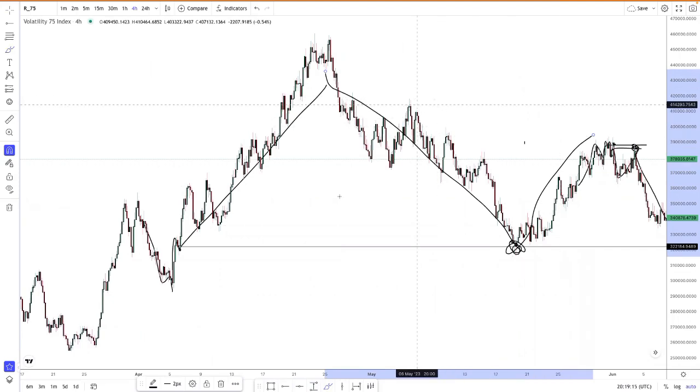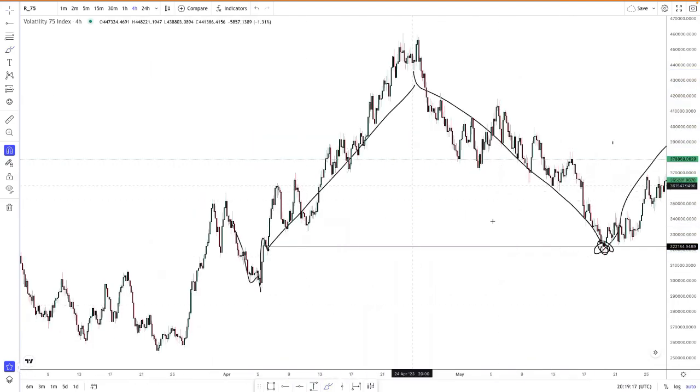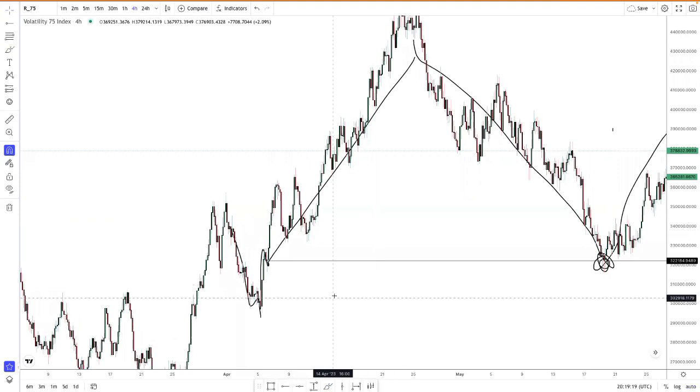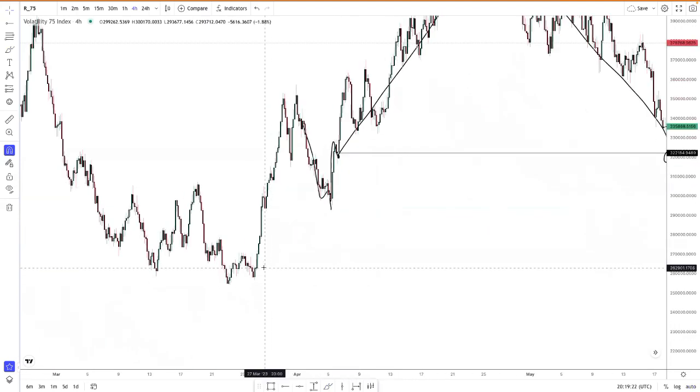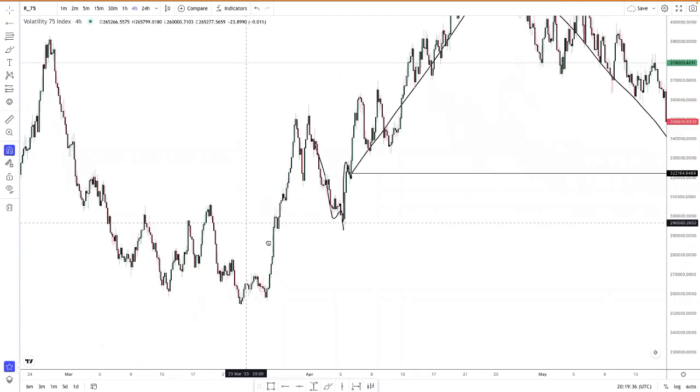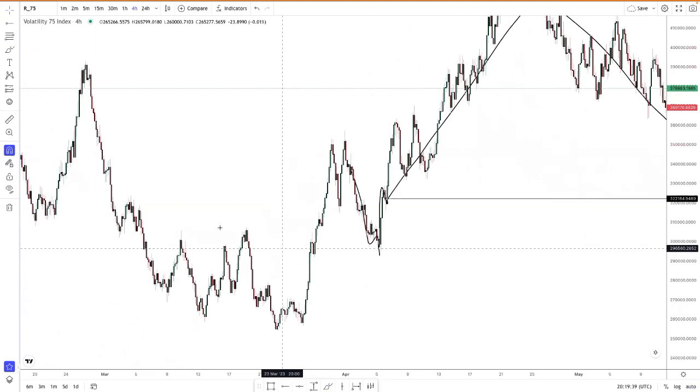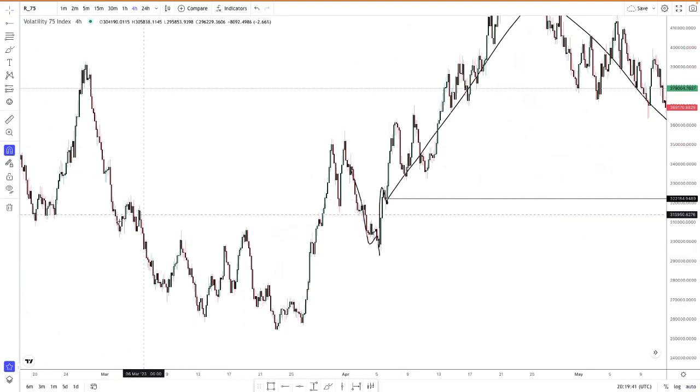Do you have any questions still? Okay. My question is this: is this structure found in all time frames, or can I look for this structure to make my analysis on one time frame or all time frames?